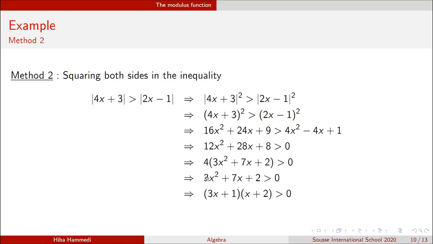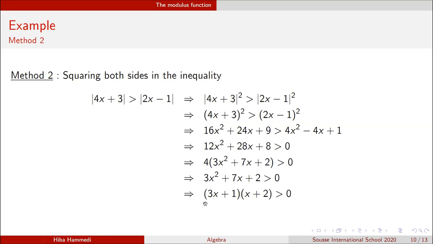And I can factorize this one in this way, right? Well, we still have to factorize expressions like that. So factorizing it like that will give me that this quadratic expression, I can write it like 3x plus 1 times, between brackets, x plus 2, which is more than 0.